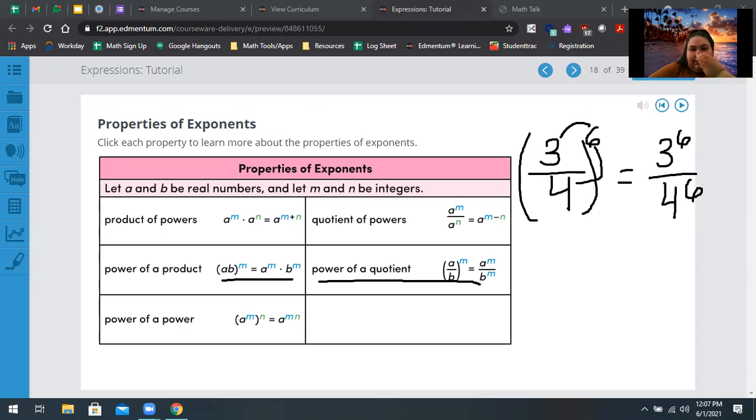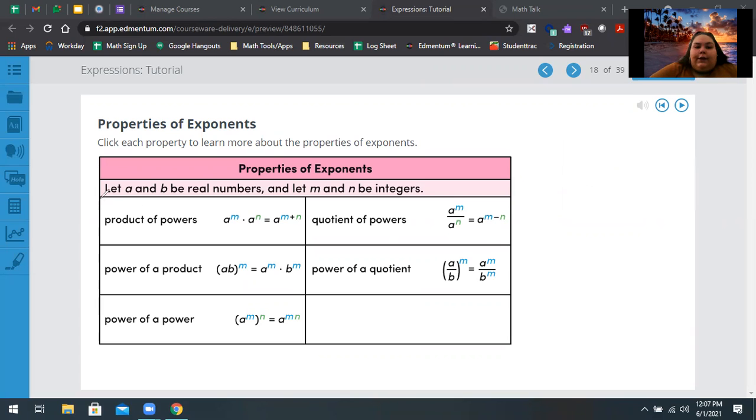So very similar to power of a product. But with the product, you're multiplying a times b, and with the quotient, you're dividing by something. Again, you could even have a variable here. So instead of a 3, we can say that this was y. It'd be y to the 6th power over 4 to the 6th power.